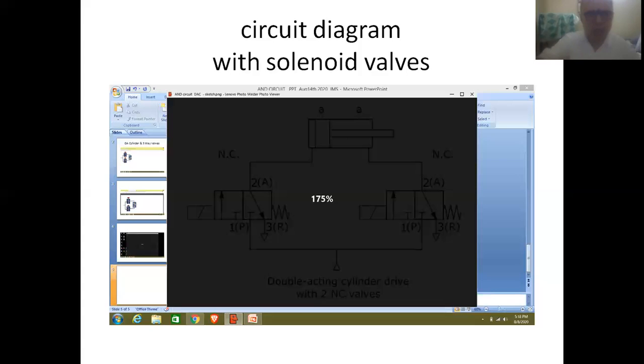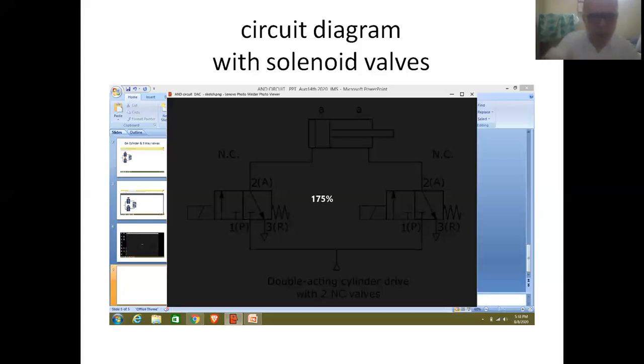Secondly, the inlet port of the DC valve is fitted to the pipeline that is coming from the compressor or the supply source, and the outlet of this valve is fitted to the pipeline that is entering the first port of the cylinder, and the exhaust port is connected to the pipeline that is entering into the atmosphere, or entering into the reservoir.